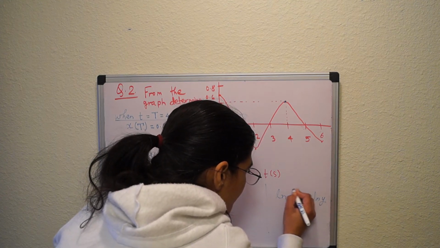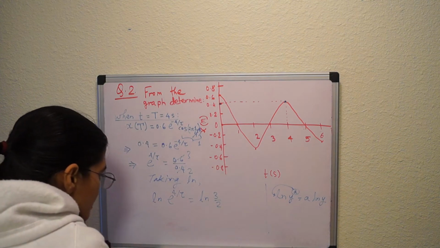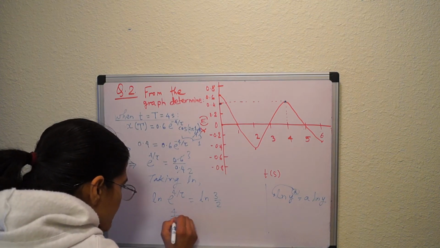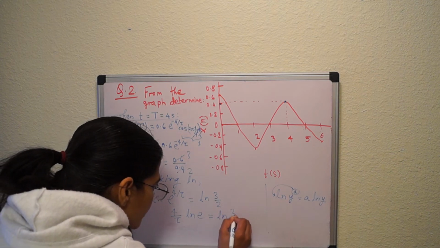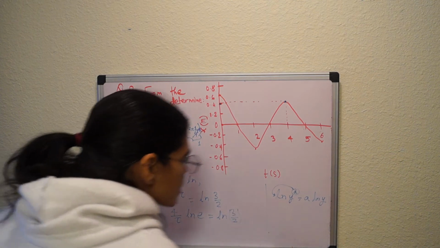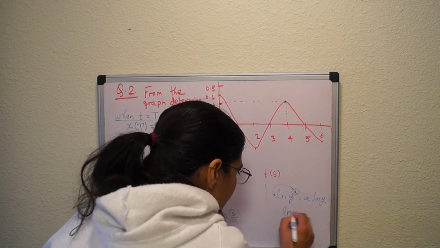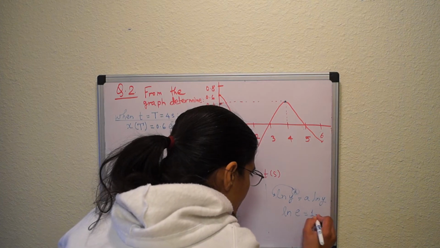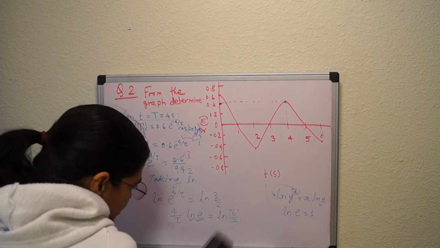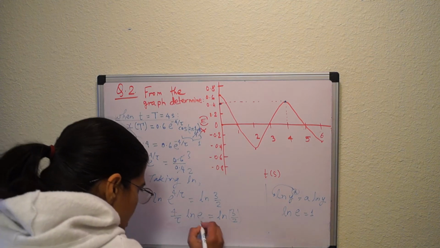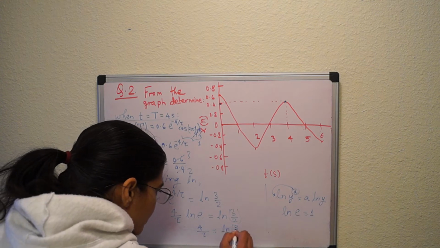So this power comes in front here, and we can do the same thing here. We can write 4 by tau ln e equal to ln 3 by 2 on this side. Also remember the property of the natural logarithm, ln e is just 1. So in place of this, we can just write 1. We now just have 4 by tau equal to ln 3 by 2.